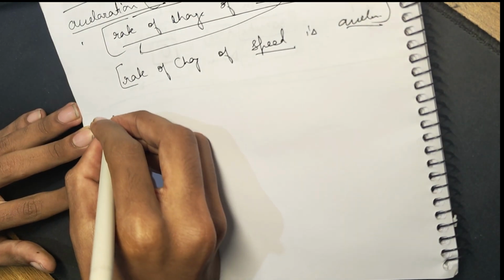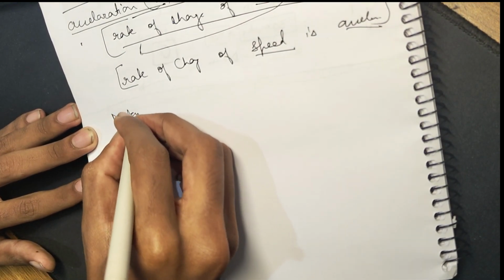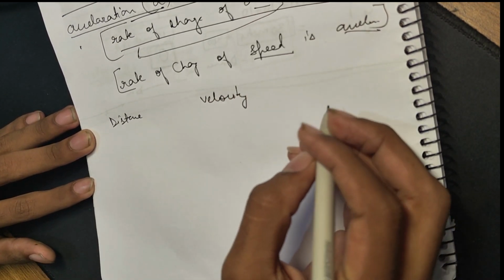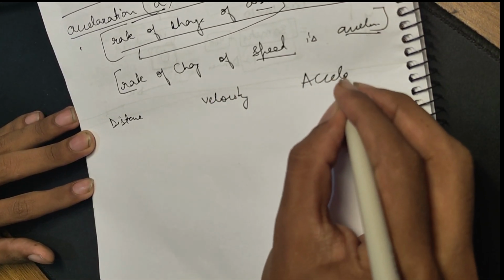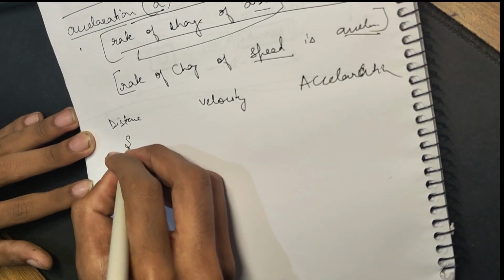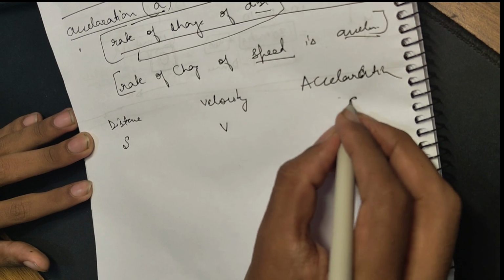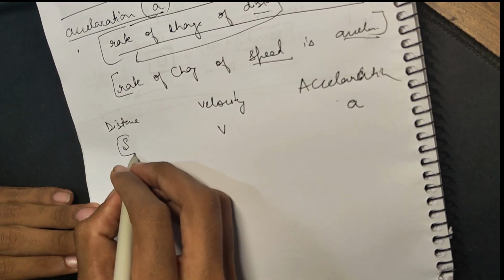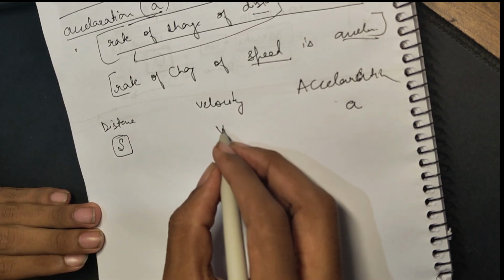Now let's take these terms: distance S, velocity V, acceleration A. Three variables we have taken, right? Now distance is denoted by S. So what is velocity?